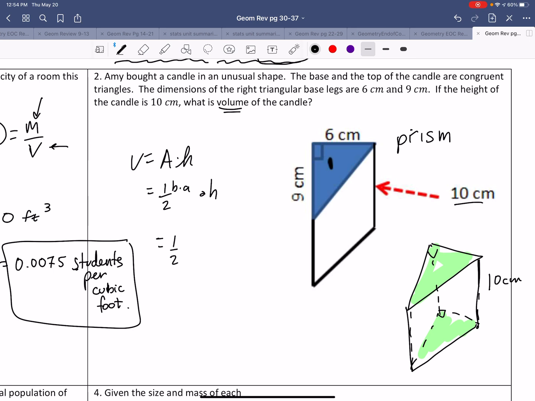So 1/2, and we can call this base 6, and we could call the height, the altitude, right, 9, and the height is 10. So 10 divided by 2 is 5. So we get 6 times 9 times 5.